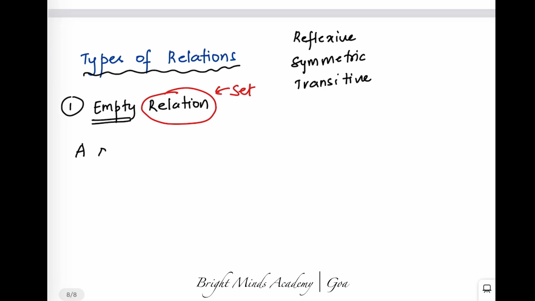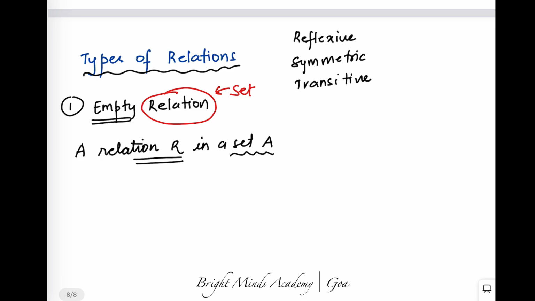So what's an empty relation? This is very important: whenever you're defining a relation, you always have to tell me which set you're defining that relation on. So always tell what the set A is.